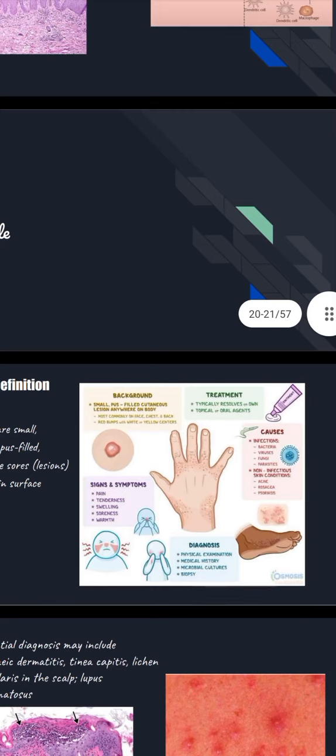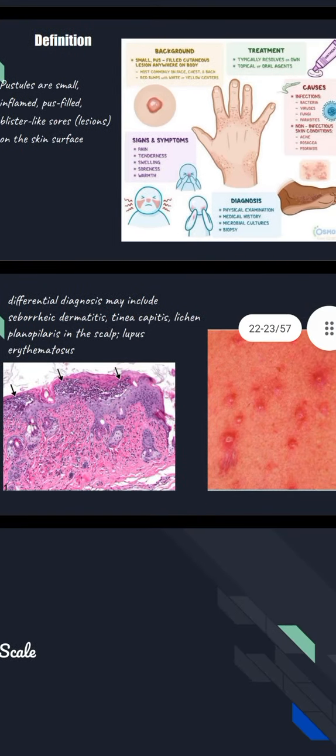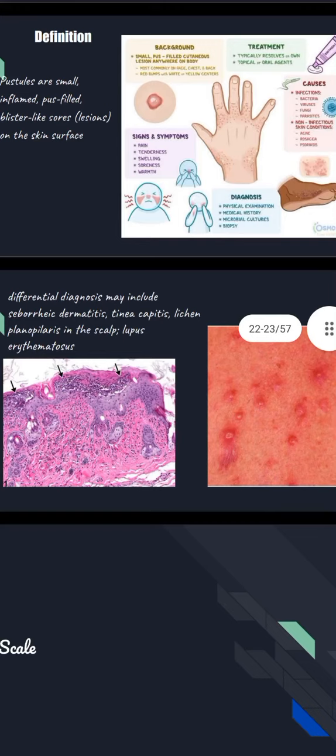Diagnosis is by physical examination, medical history, microbial culture, and biopsy. The differential diagnosis may include seborrheic dermatitis, tinea capitis, lichen planopilaris in the scalp, lupus erythematosus.